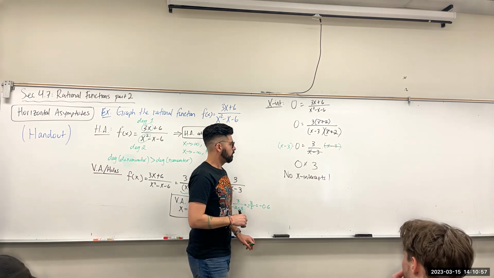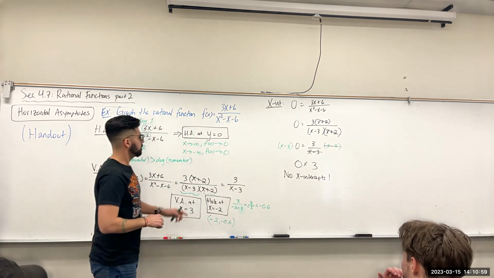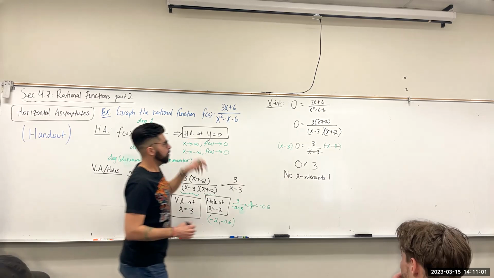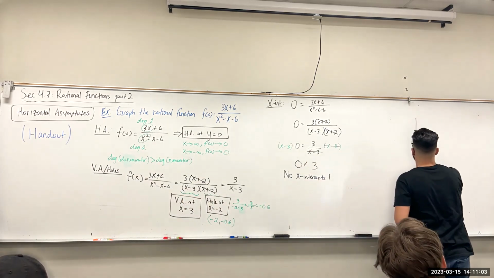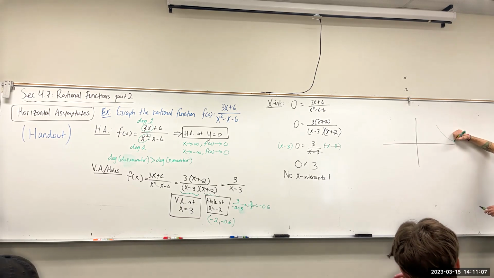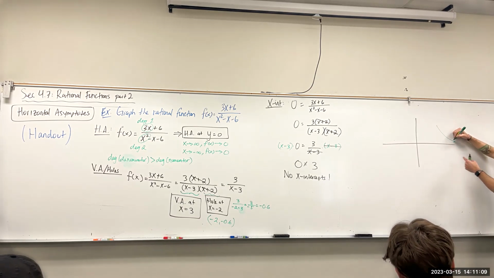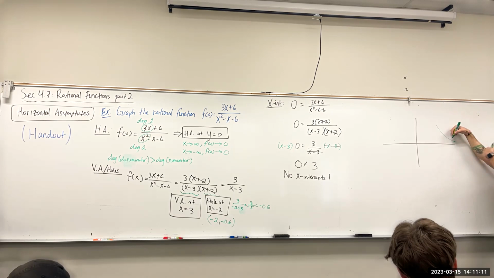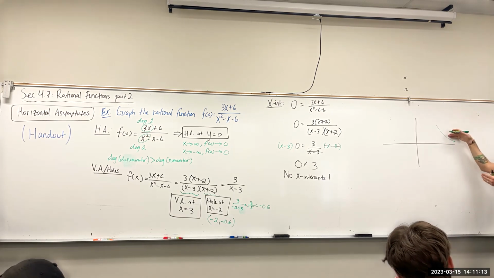He knows the graph has to approach the asymptote, so it won't cross it. But what we were saying is sometimes you do cross a horizontal asymptote.